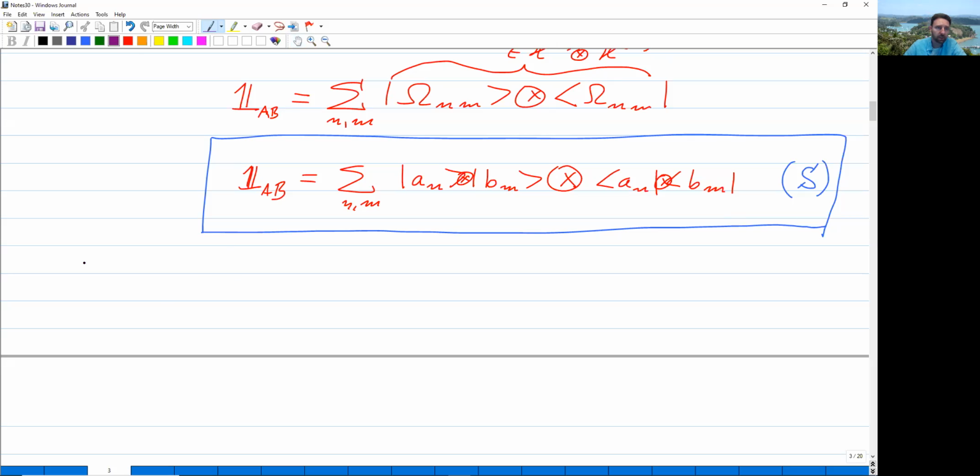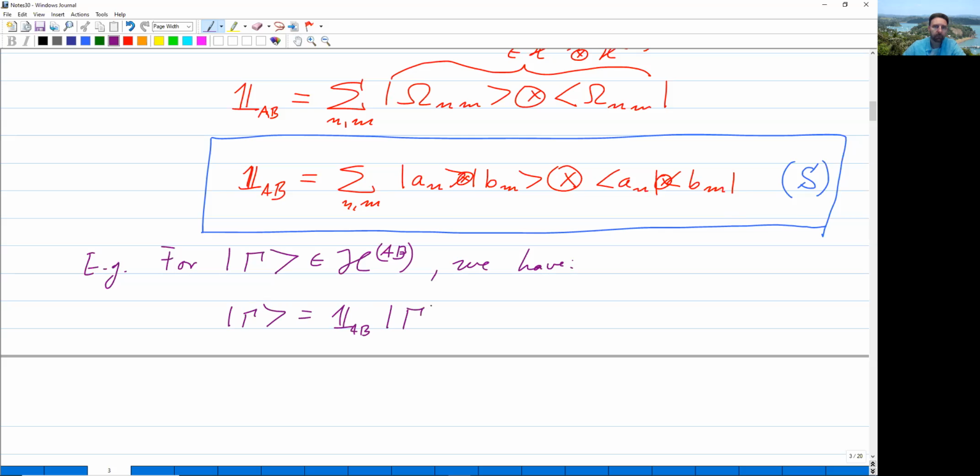So for example, for some vector, let's call it gamma, in the Hilbert space of the combined system, we have that gamma is certainly 1 times gamma. But this 1 is all of that applied to gamma.